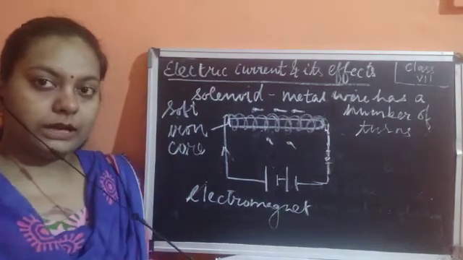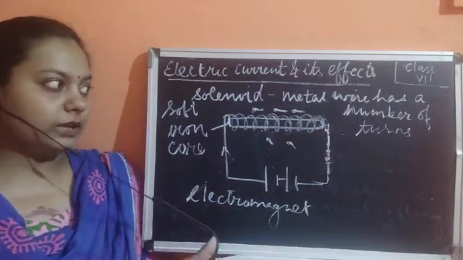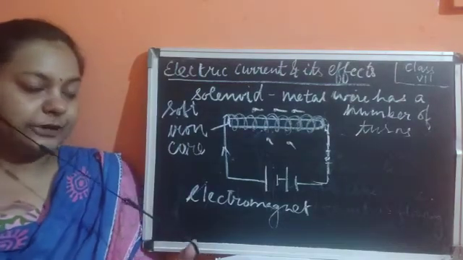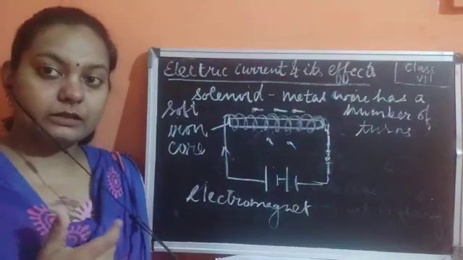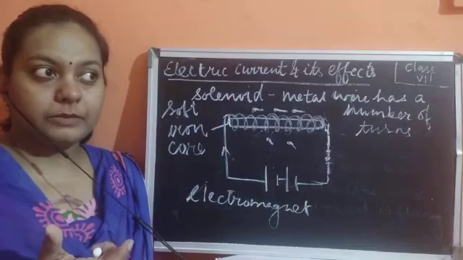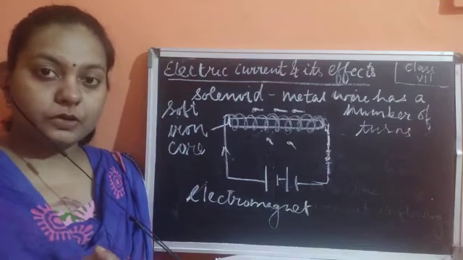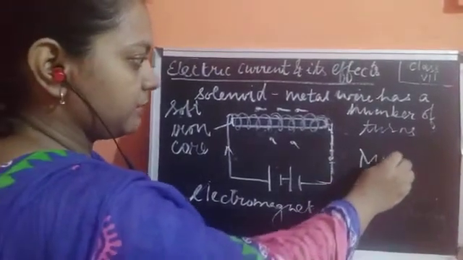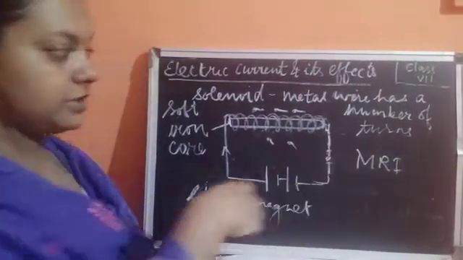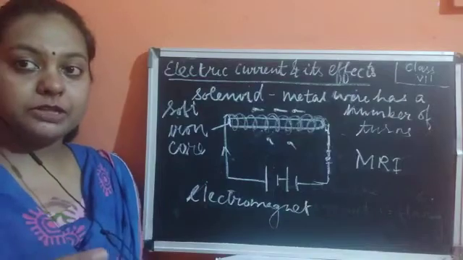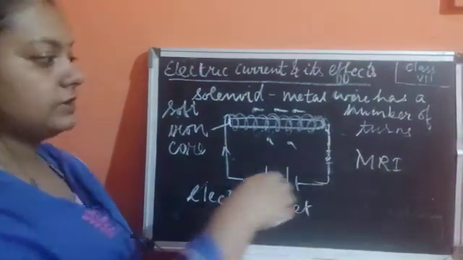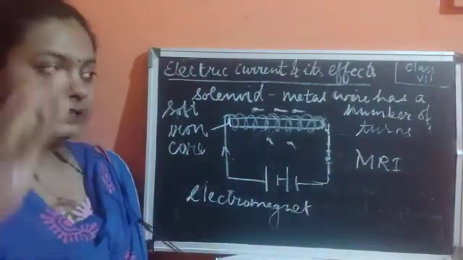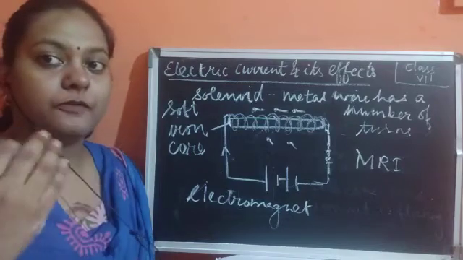Now the electromagnet is also utilized in the field of medicine. If you have seen those large MRI machines, these MRI machines use huge electromagnets to scan the structure of your body.